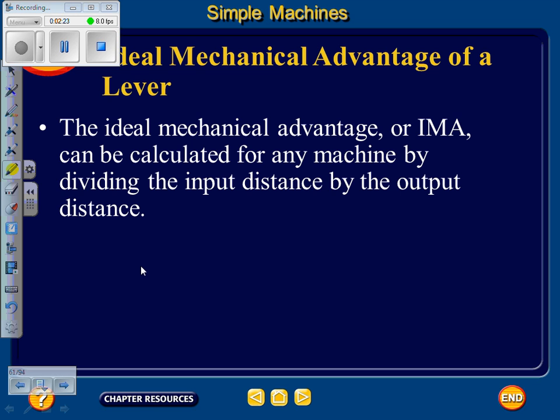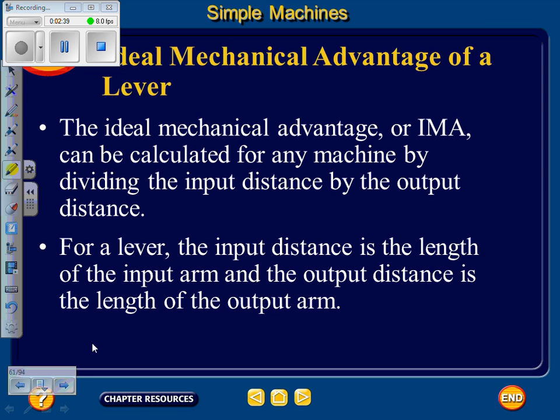The ideal mechanical advantage of a lever. The ideal mechanical advantage, or IMA, can be calculated for any machine by dividing the input distance by the output distance, and we saw that in the lecture notes from section 2. For a lever, the input distance is the length of the input arm, and the output distance is the length of the output arm.